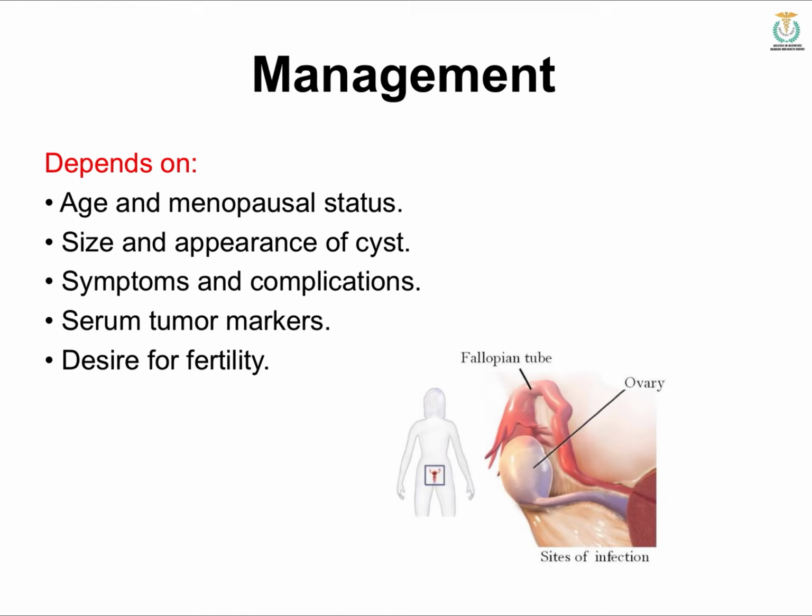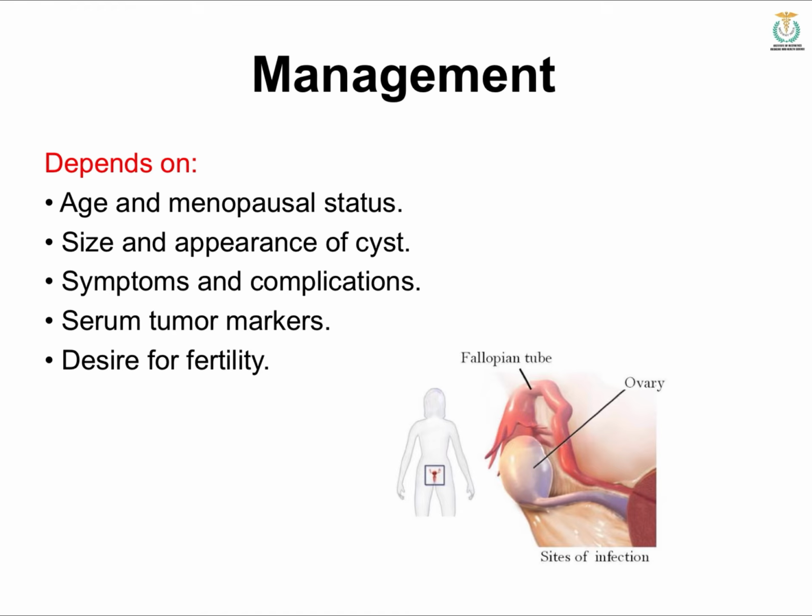Next is the management: how you plan the treatment. Management depends on certain criteria: age, cyst type, symptoms, and the menopausal status of the patient. Symptomatic or large cysts need intervention.